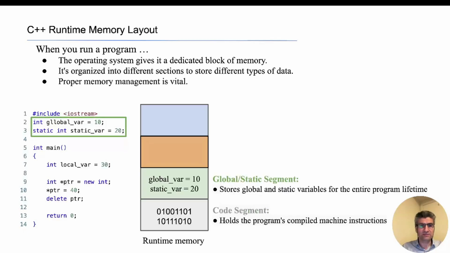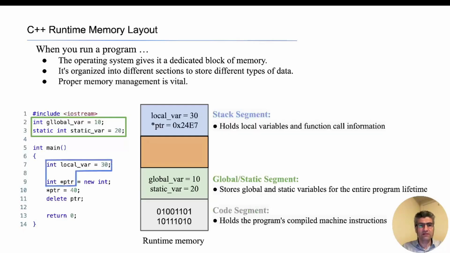The next segment stores our global and static variables. They have a lifetime for the entire duration of the program. The stack segment is used for storing local variables and function call information. Note that the pointer variable, which contains a memory address, goes here, not the memory it points to.